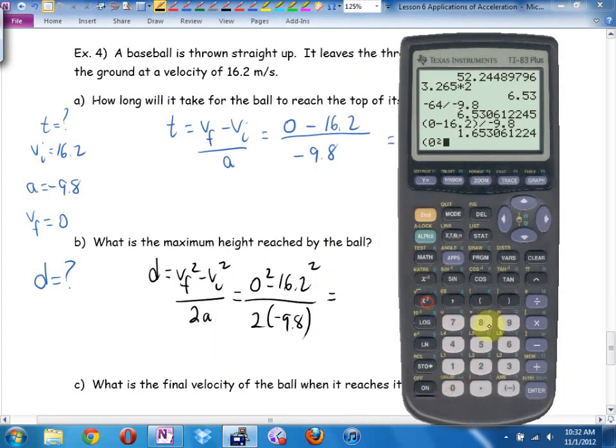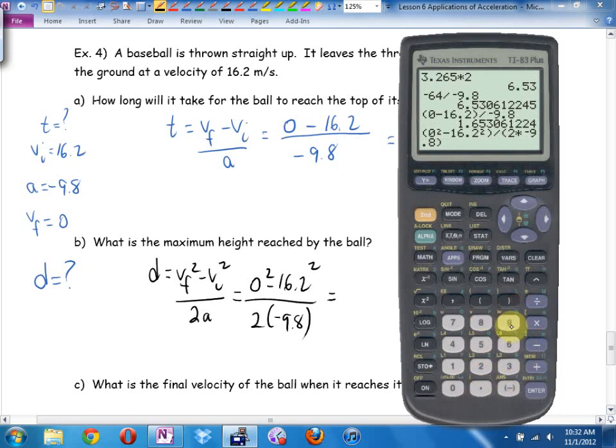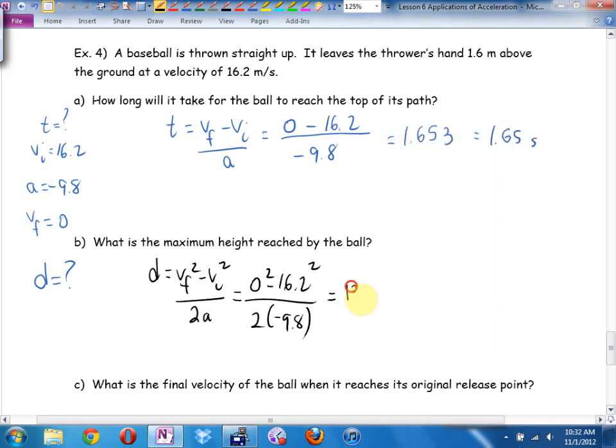Zero squared minus 16.2 squared, close bracket, divided by bracket, 2 times negative 9.8. Do you get 13.39? Or if I want to, 13.4?